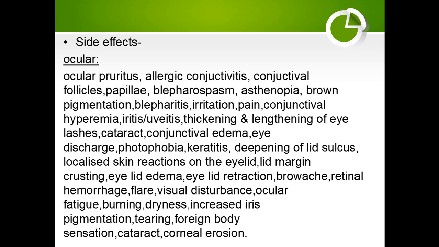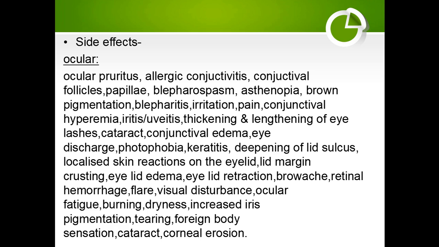Brown pigmentation. Blepharitis, irritation, pain, conjunctival hyperemia, iritis or uveitis, thickening and lengthening of eyelashes, cataract, conjunctival edema, eye discharge, photophobia. Photophobia is phobia to light, that is fear of light.